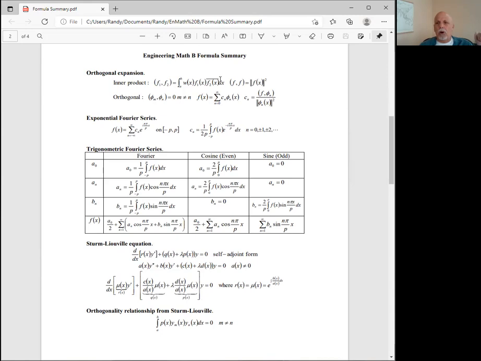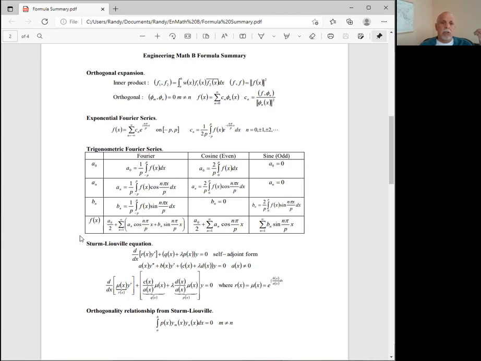This overhead bar means complex conjugate. You'll rarely use that. You'll usually be working with real functions, in which case you can ignore this bar, whatever the function is. It's just a refresher. I'm not going to explain every single formula because we've gone through most of them by now. Here's the exponential Fourier series.